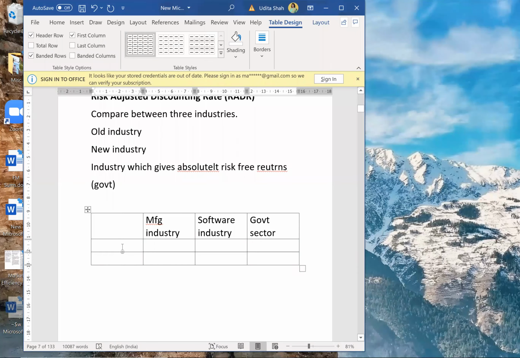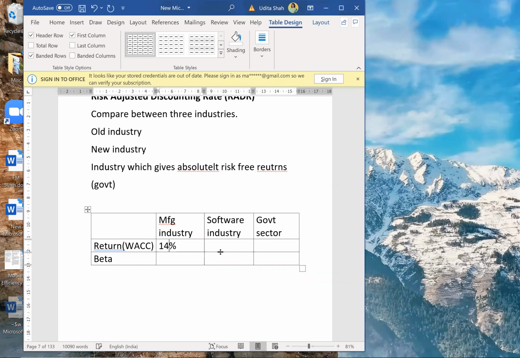Okay, your returns, or I can say WACC, returns factor, rate of return, and my beta. So manufacturing industry, the return was, let us say, 14%. Software industry, we don't know what will be the WACC.